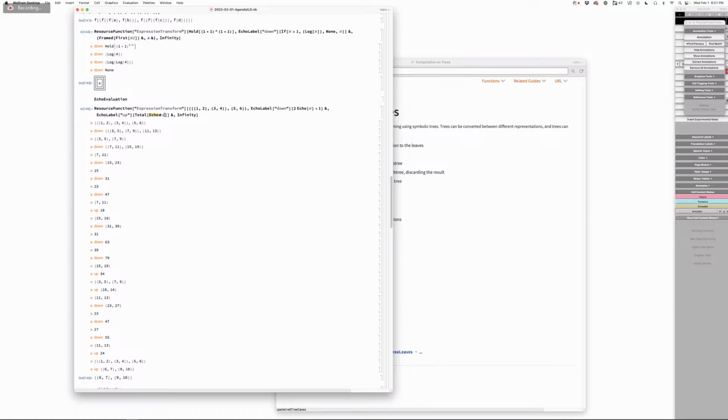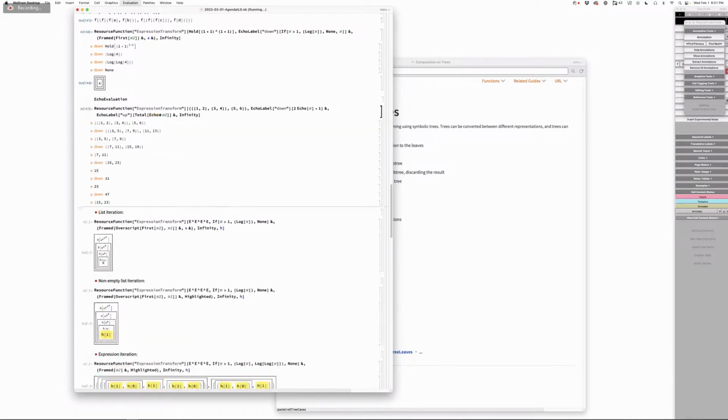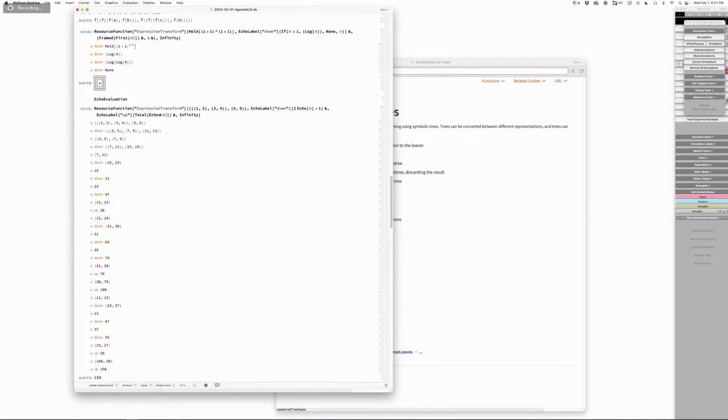Yes. The first argument is the payload. Maybe we want to echo both of them. Right. So look at the 23: down gives 47. So 23 is a leaf. Let me just understand the whole result for a second.